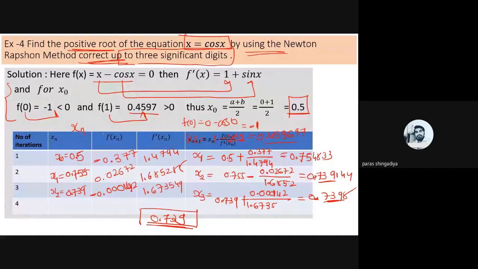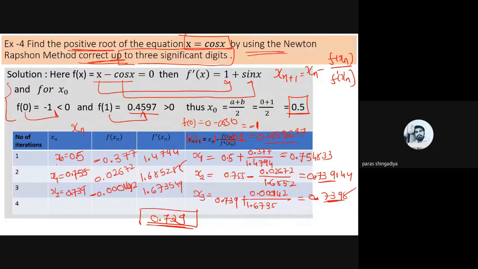The general form is x(n+1) = xn minus f of xn upon f dash of xn. Now replace n equal to 0, and you get the first iteration formula: x1 = x0 minus f of x0 upon f dash of x0. Then put n equal to 1 and we get the second iteration formula: x2 = x1 minus f of x1 upon f dash of x1.